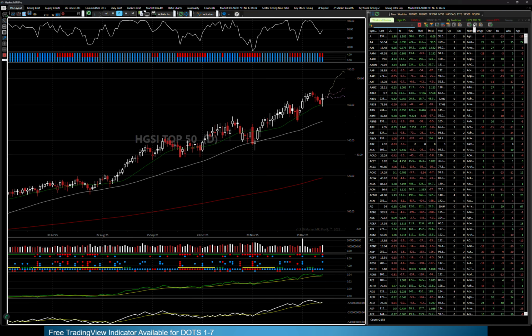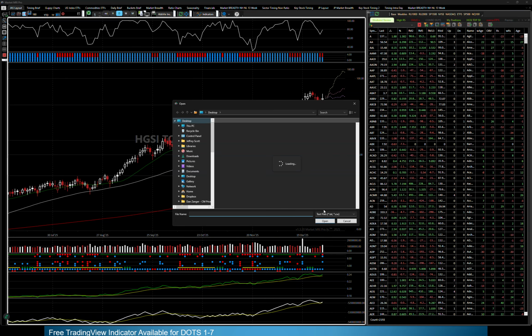This creates an index of the symbols in the list. So let me see if I can make that get wide too. All right, this one here, another index of symbols in the list. This one pastes symbols from the clipboard. That copies to the clipboard. That's if I want to import it from a file.